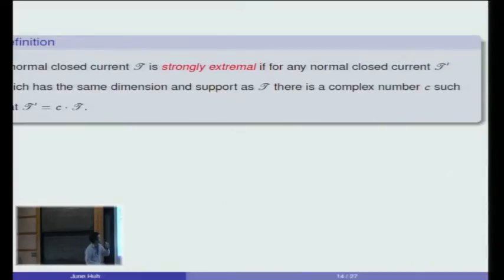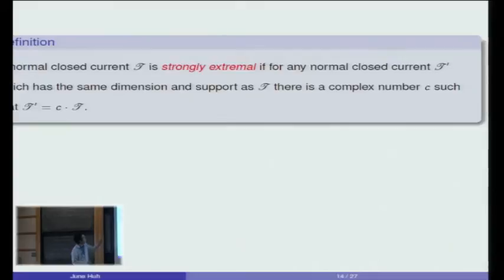And this is a very strong condition. It's a condition on the support of the current T. And it says that on that support, there is essentially one current, up to constant multiple, which has that as a support, given the dimension.